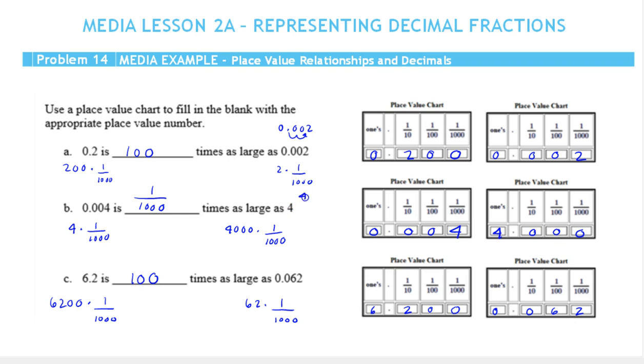Here, to get 4 to look like this, I'd have to move 3 decimal places. So that's 3 decimal places, and I'm making it smaller, so it's 1 over 1,000. And here, to get 0.062 to be 6.2, I'd move it 2 decimal places, and it's making it larger, so it's 100, 10 times 10.